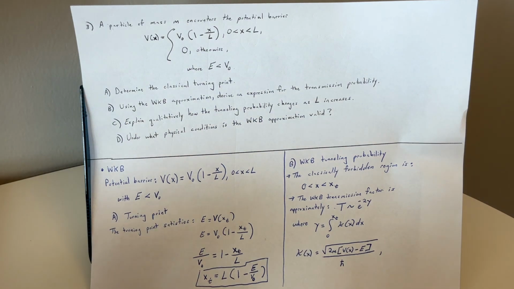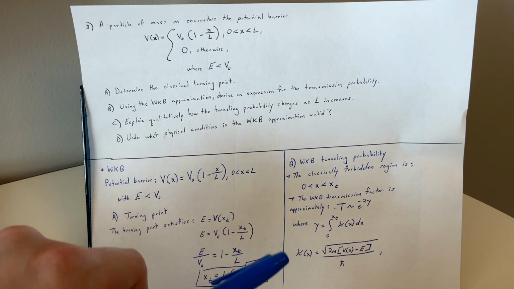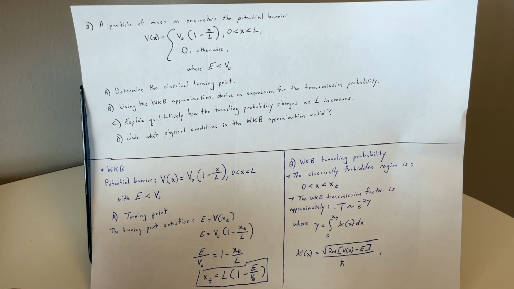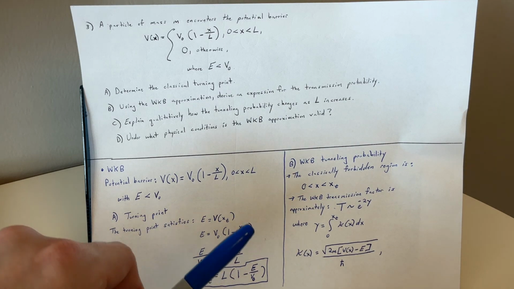Moving to letter B, using the WKB approximation, derive an expression for the transmission probability. So, part B, WKB tunneling probability. We acknowledge that the classically forbidden region is from 0 less than x less than x sub t.